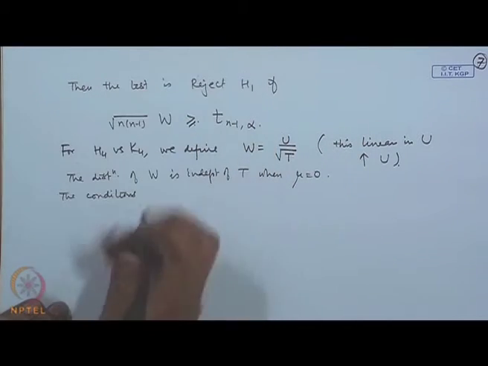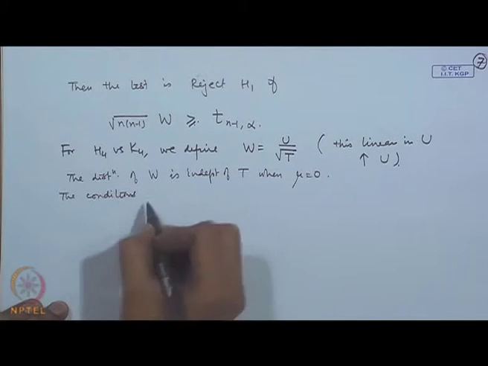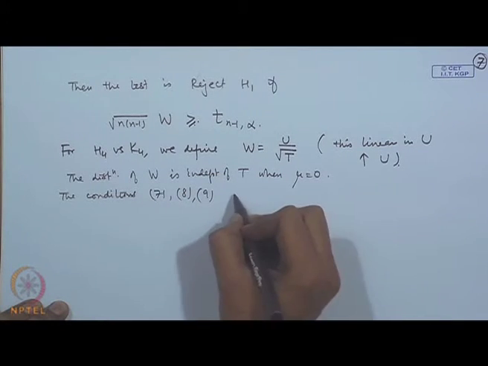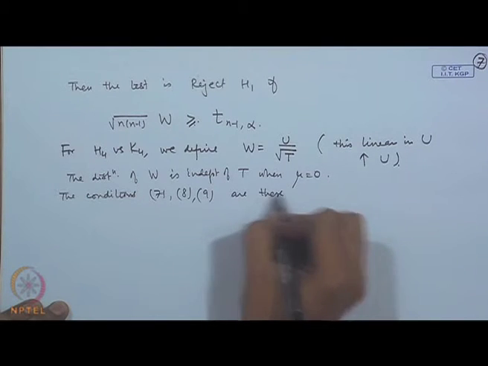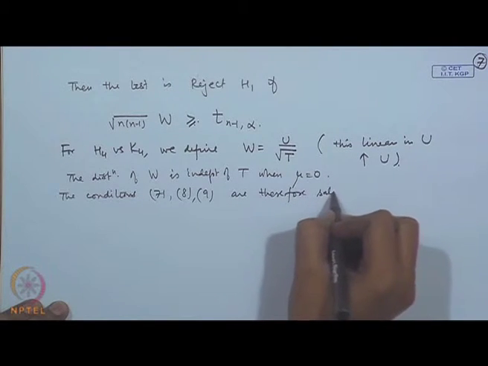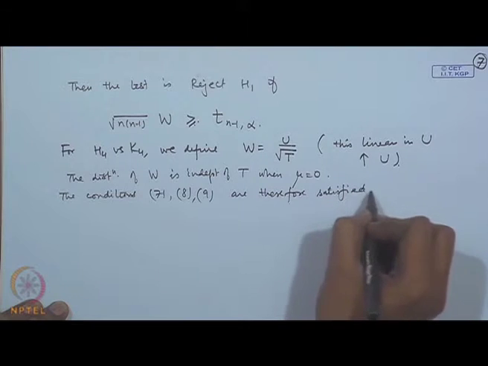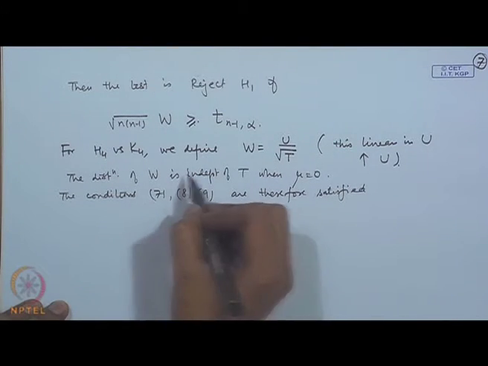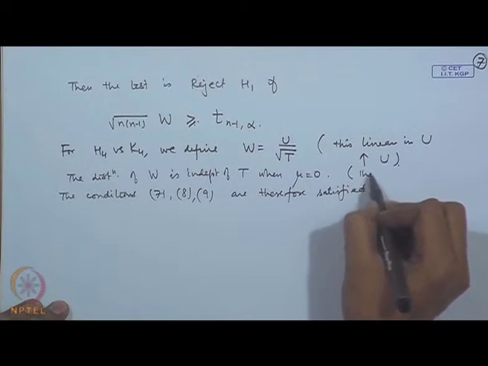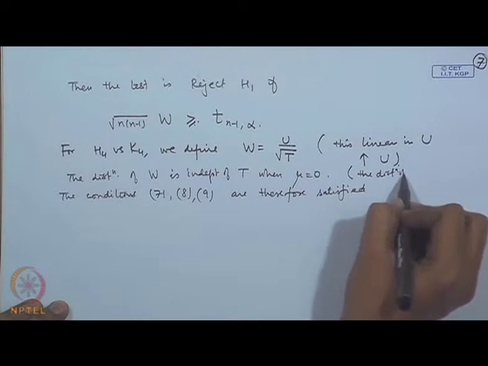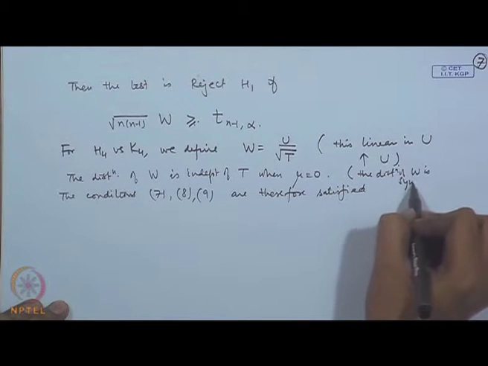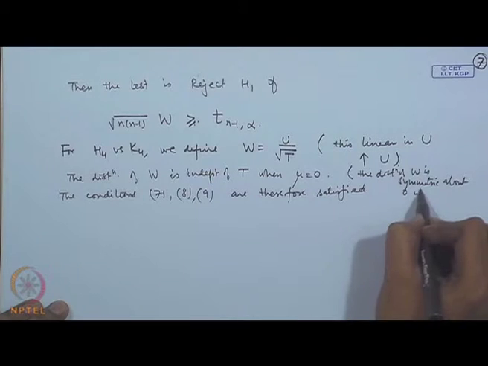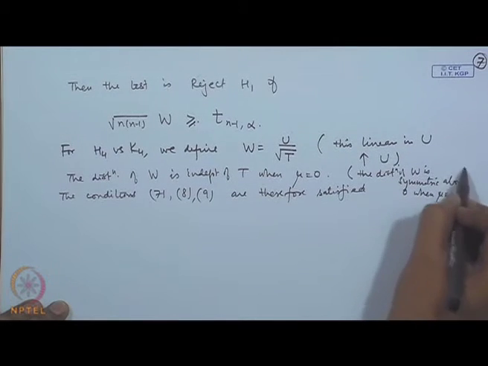So, the conditions 7, 8, 9 are therefore satisfied. Okay, we note here the distribution of W is symmetric about 0 when mu is equal to 0. That is important here.